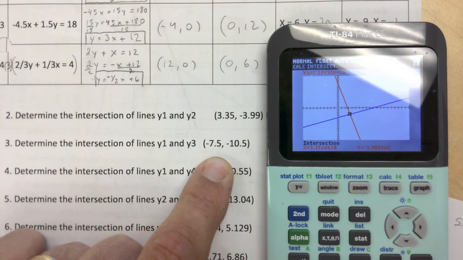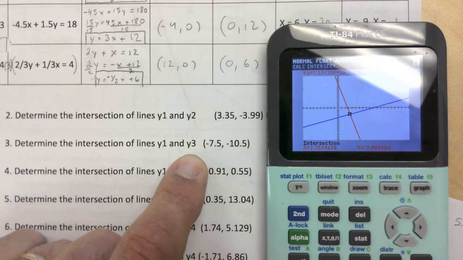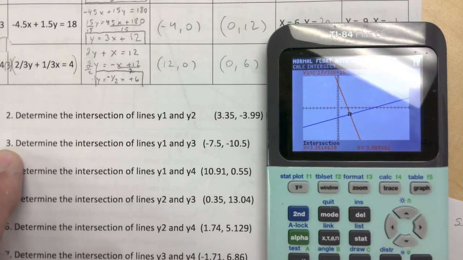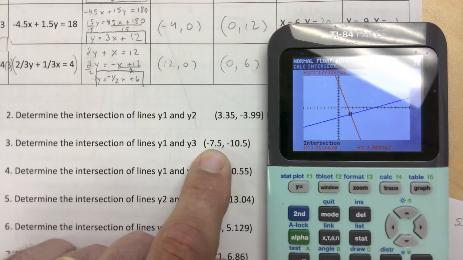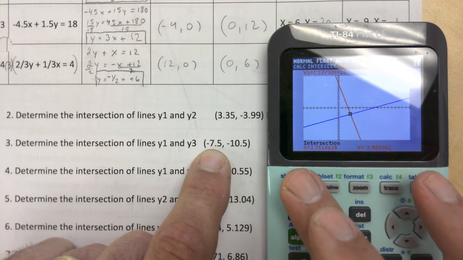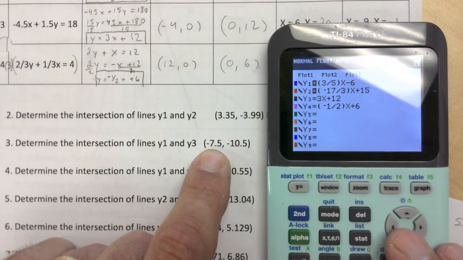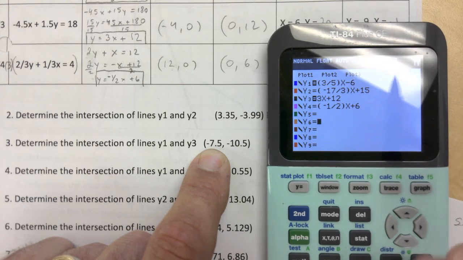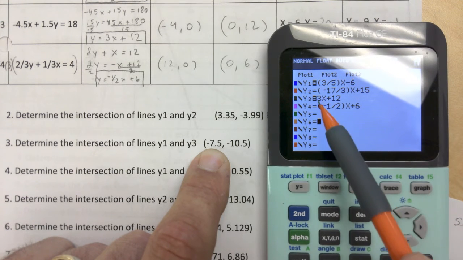And now we want to find out the intersection between y1 and y3, right? That's the third question. So I'm going to go to y equals. I'm going to only turn on y1 and y3. So the equal sign should only be highlighted. If you go all the way down here away from the equations, only those two are highlighted.